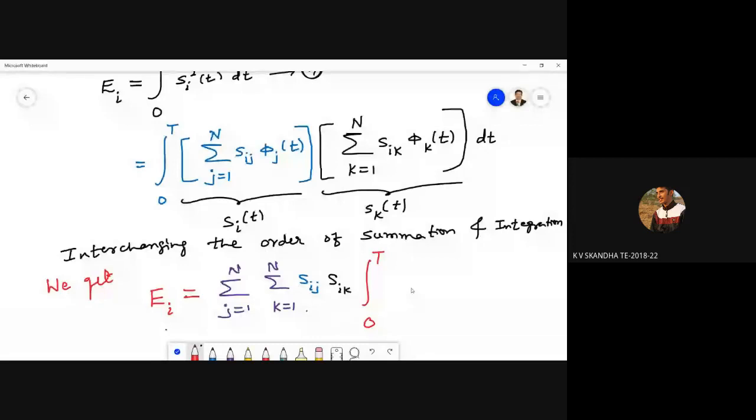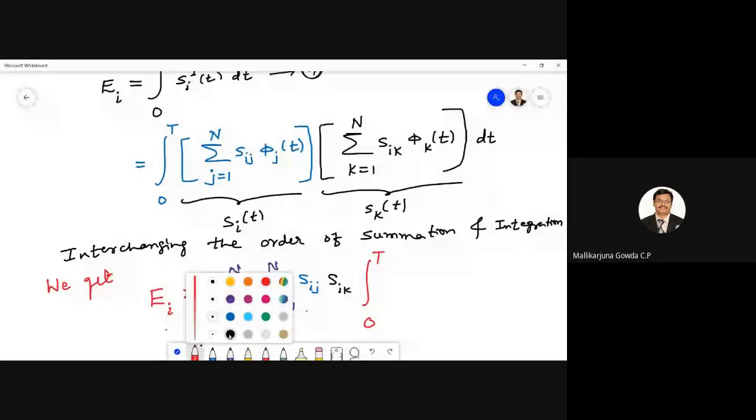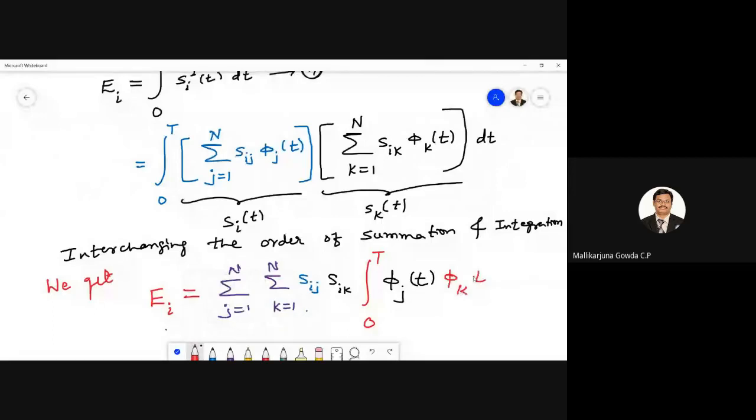Yes, phi j of t into phi k of t into dt. Let me call this equation 8.